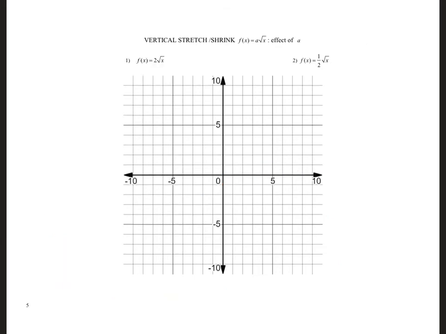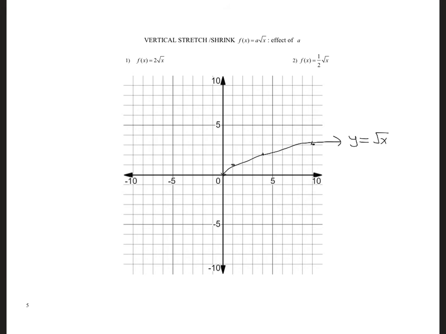Okay. So now here we have the vertical stretch. So again, I start with the parent function. So 0, 0, 1, 1, 4, 2, and 9, 3. So connect. And this is y is equals to square root of x.